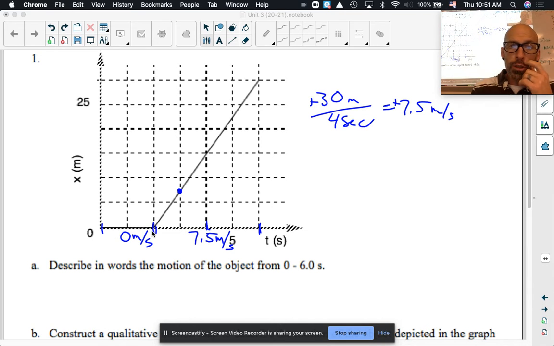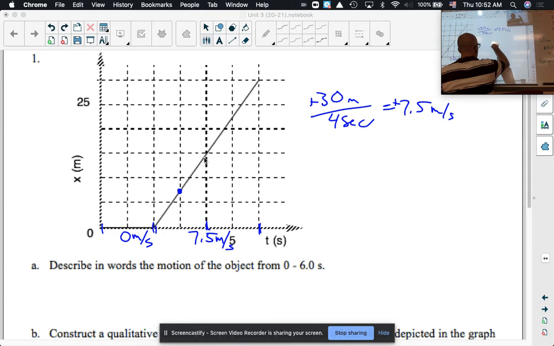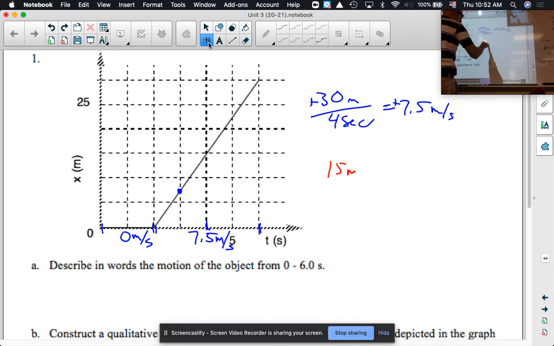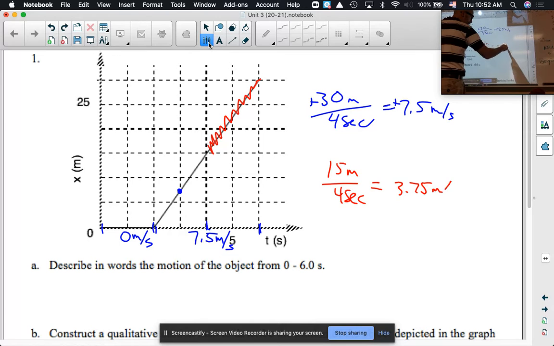In other words, if it was 2 seconds at rest and then 2 seconds moving at this pace, then that would be 15 meters over 4 seconds. Like if this doesn't exist, let's pretend it never happened. Then 15 divided by 4 is 3.75 meters per second.